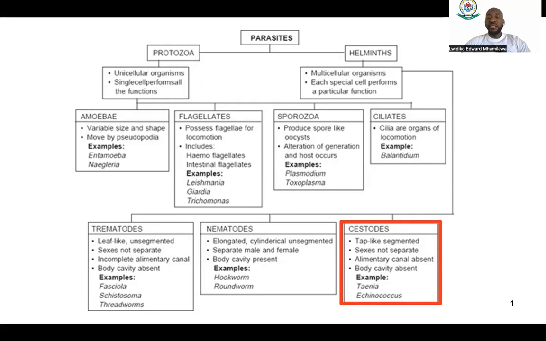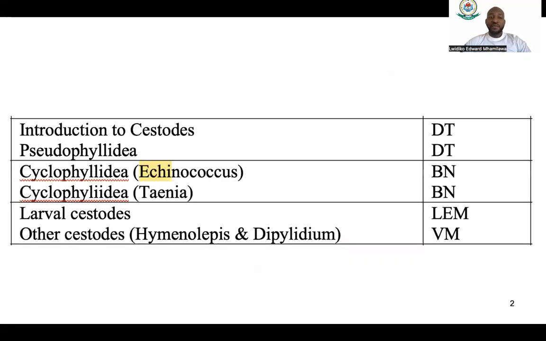And that means they don't have a body cavity. Examples are Taenia and Echinococcus. But today we discuss other larva cestodes, including Hymenolepis and Dipylidium.